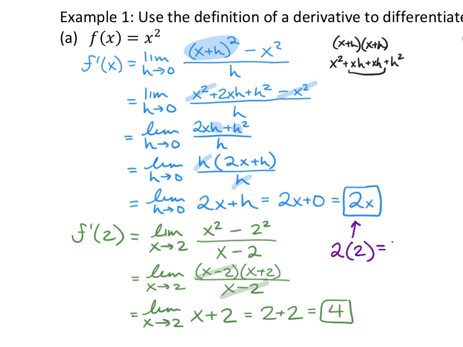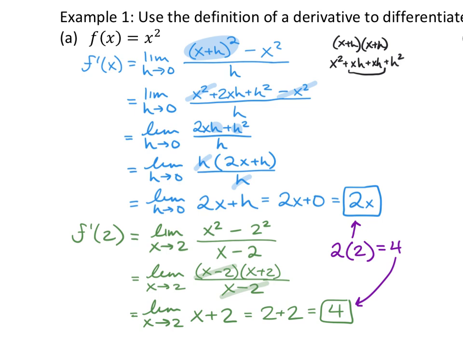What's 2 times 2? So we've done the same thing. The derivative formula gives me a formula to use for any value of x. The value of x I care about for this problem is the value 2. So either way, you can find the slope of the line tangent at that point.